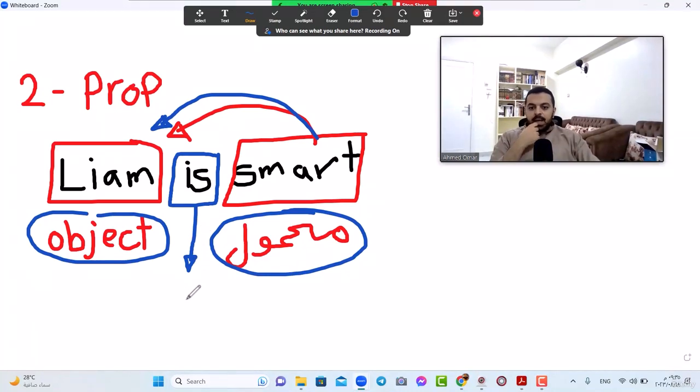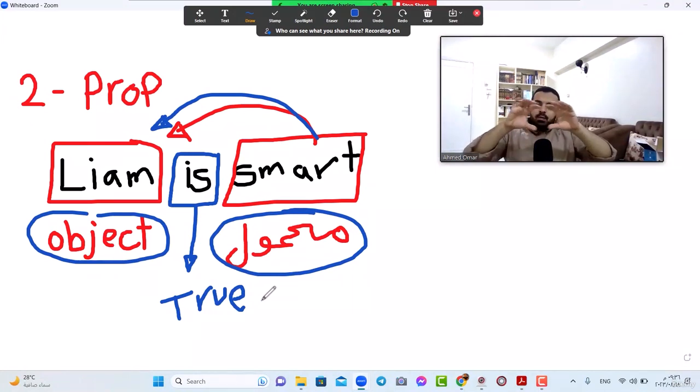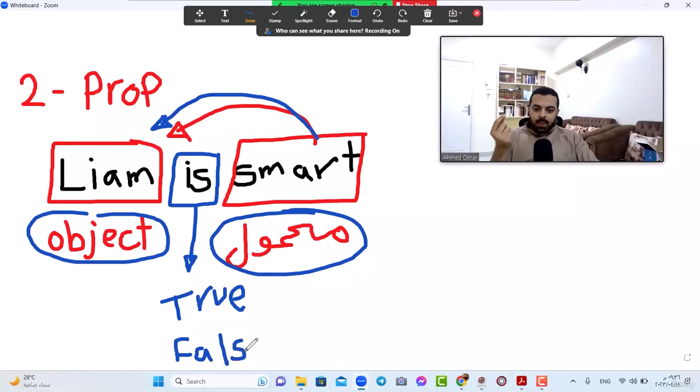Okay, now this part of the connection, I say it's true or false. Like the result of this proposition, I can say it's true or false by seeing the connection. So Liam is smart.